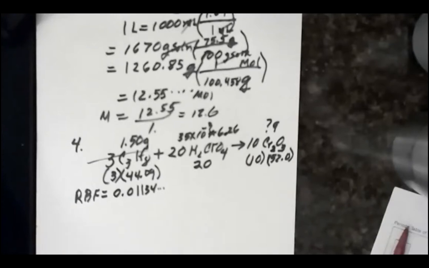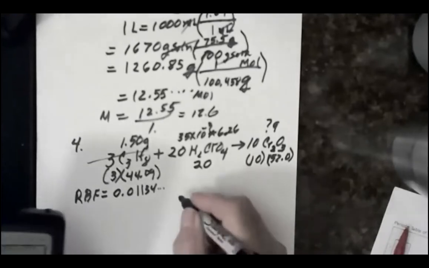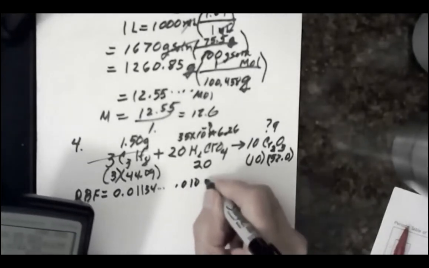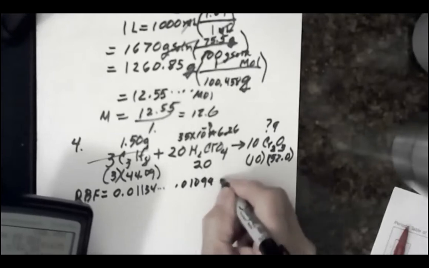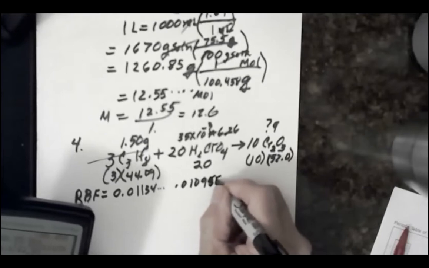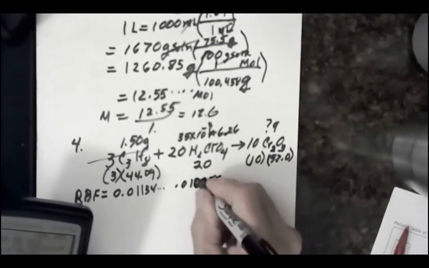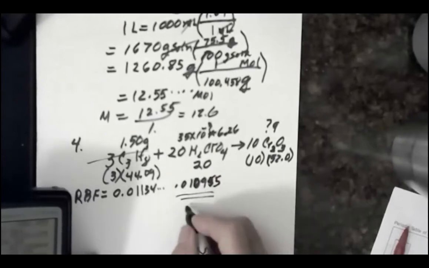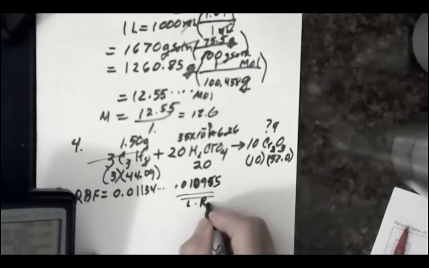That's going to be moles. I want to divide it by 20. Rebalancing factor on this one is 0.01095. But the important thing is this one is smaller than this one. So this is the limiting reagent.